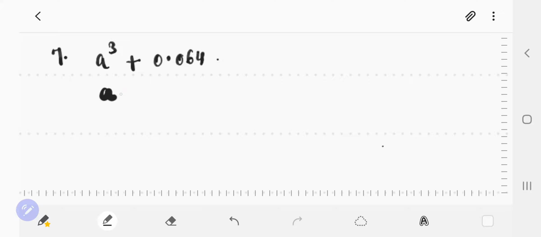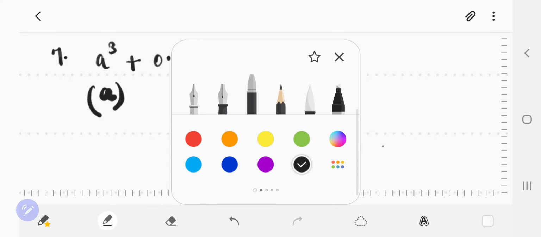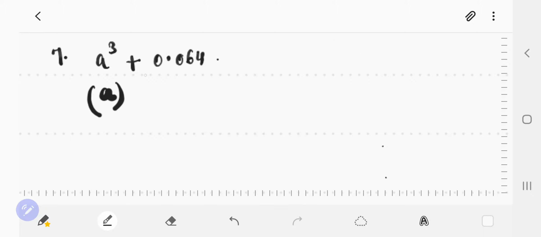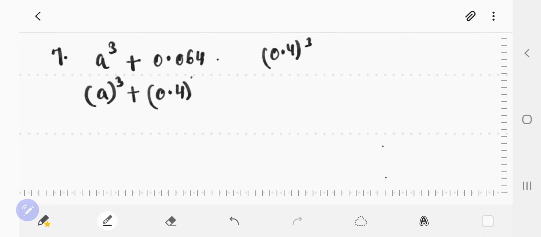For a, can I write it as a whole cube plus 0.064? If you notice, this is the cube of 0.4, 0.4 cube. Now this is your a, this is your b.